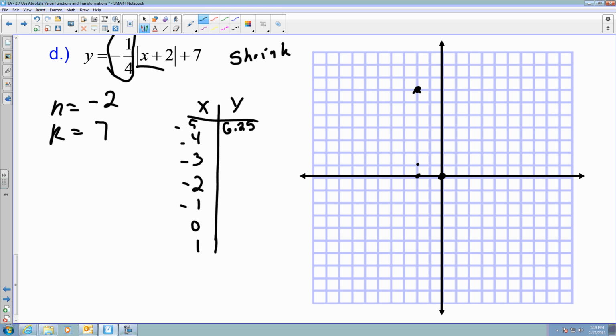Now if I go to -4, -4 plus 2 is -2. Absolute value of -2 is 2. 2 times a -1/4 gives me -1/2. Add that to 7 gives me a positive 6 1/2.